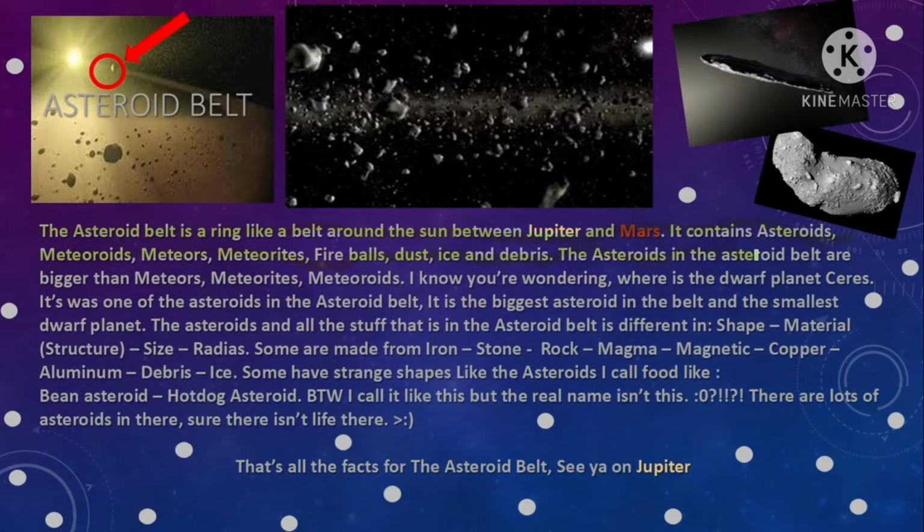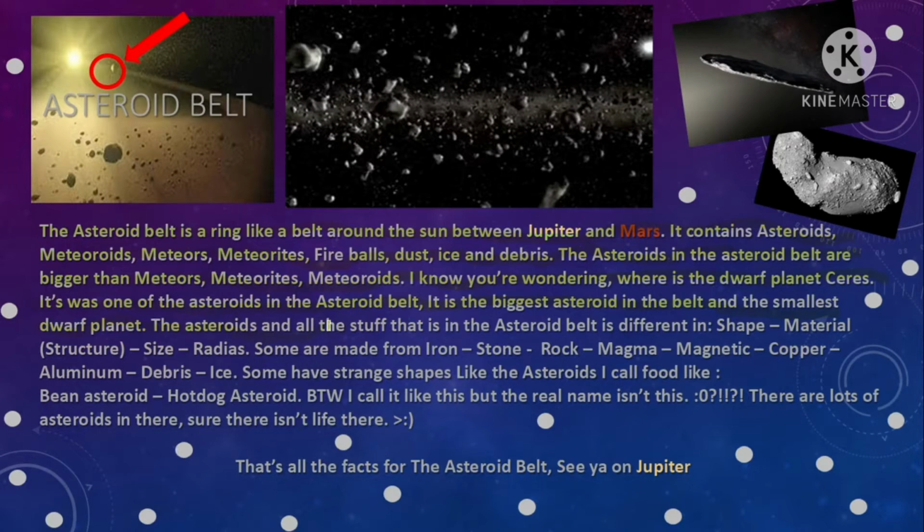The asteroids in the asteroid belt are bigger than meteors and meteoroids. I know you're wondering where the dwarf planet Ceres is. It was one of the asteroids in the asteroid belt. It is the biggest asteroid in the belt and the smallest dwarf planet.